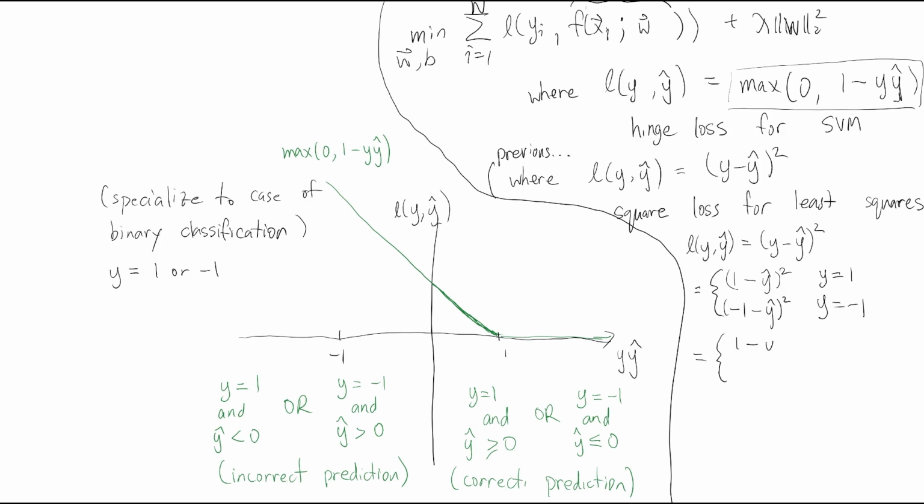So the first case is (1 minus y hat) squared when y equals 1. In the other case, (-1 minus y hat) squared. When we square something, we can make the inside negative and then square it, and it doesn't matter. So we can actually write (1 plus y hat) squared when y equals minus 1.